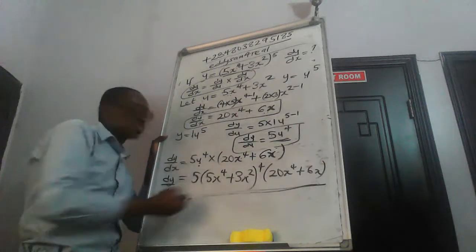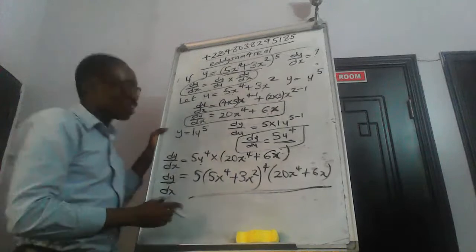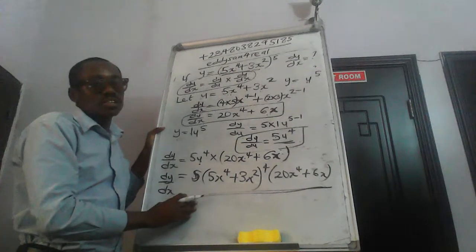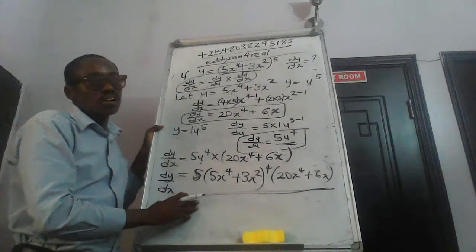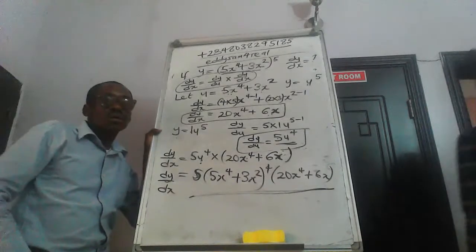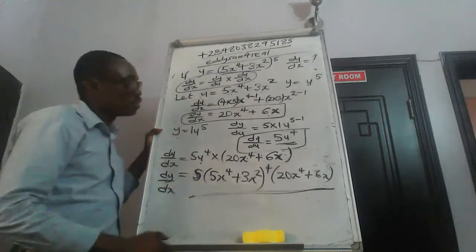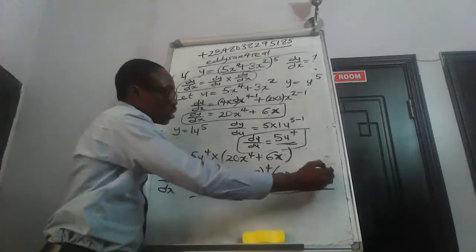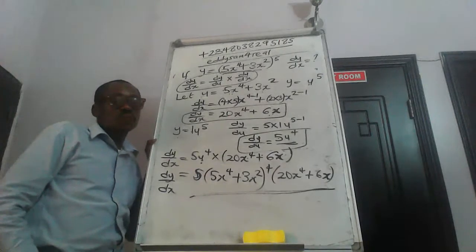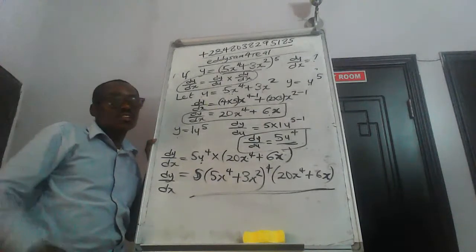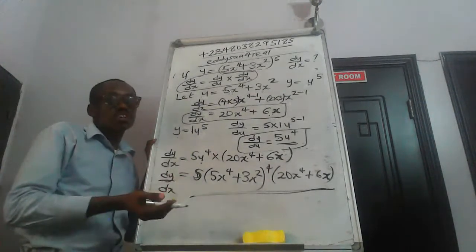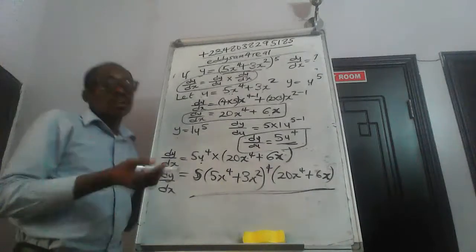So this is the final answer. This is actually the application of the chain rule. We've solved the second example by applying the chain rule. It's actually easy to apply. It's just a question of being able to identify what your u is and making use of it.